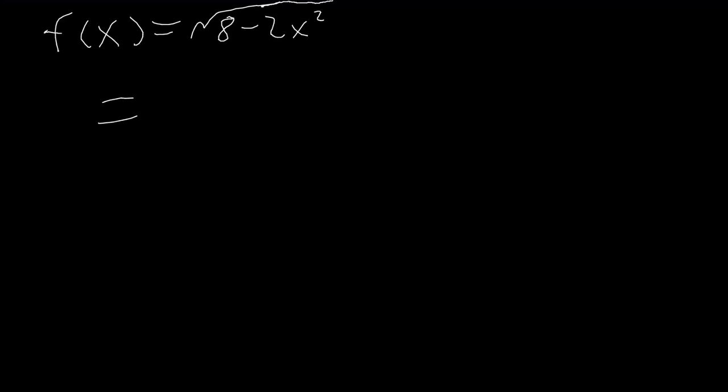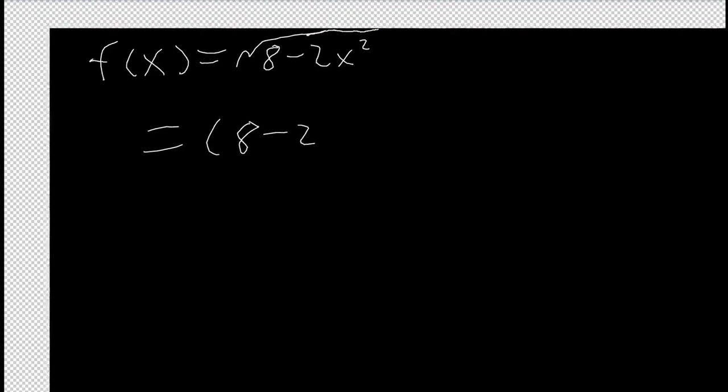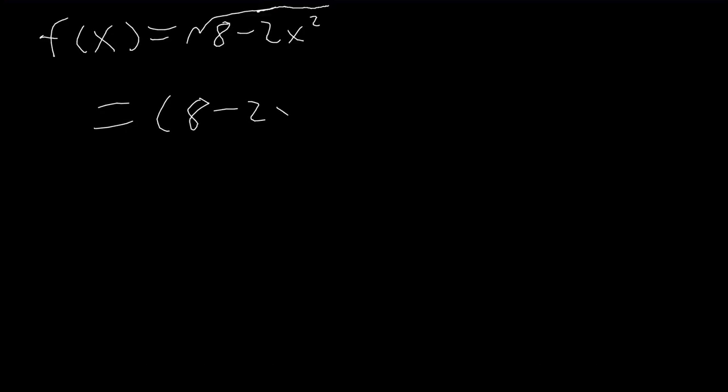Okay, for our next example, let's find the derivative if f of x equals the square root of 8 minus 2x squared. Okay, so we can rewrite this as 8 minus 2x squared to the power of a half, like we did when we were trying to find the derivative of radical x.